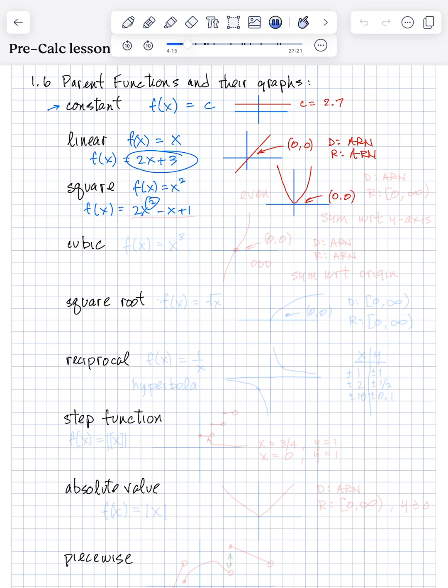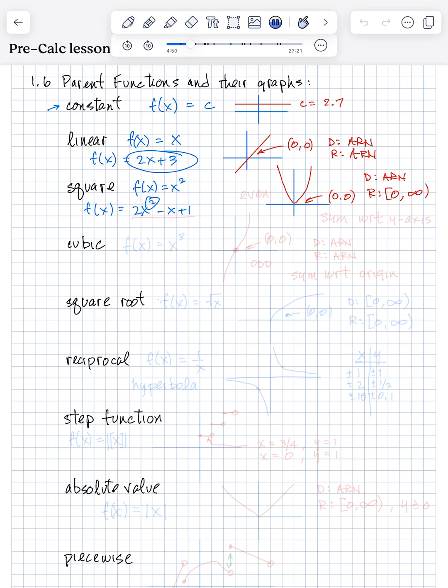If we are going to say the domain of x squared, it's going to be all real numbers. The range, what is the range allowed to be? Well, it doesn't get any less than 0 in this case, so the range is going to be a bracket, because it can be equal to 0. So we're going to make a bracket 0, comma, infinity.